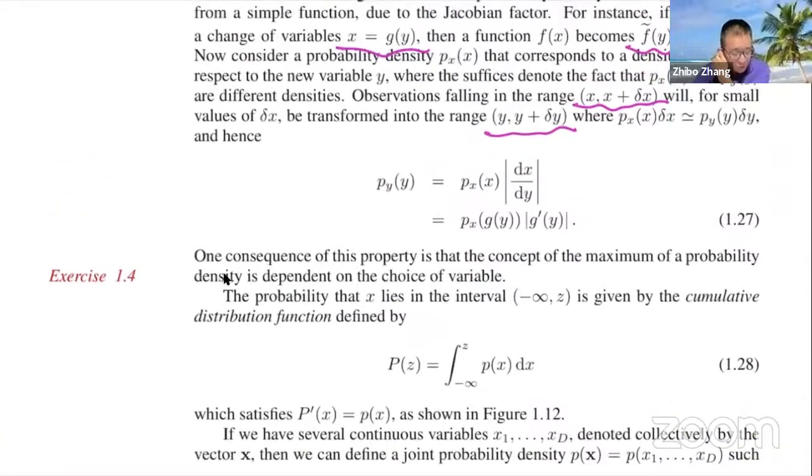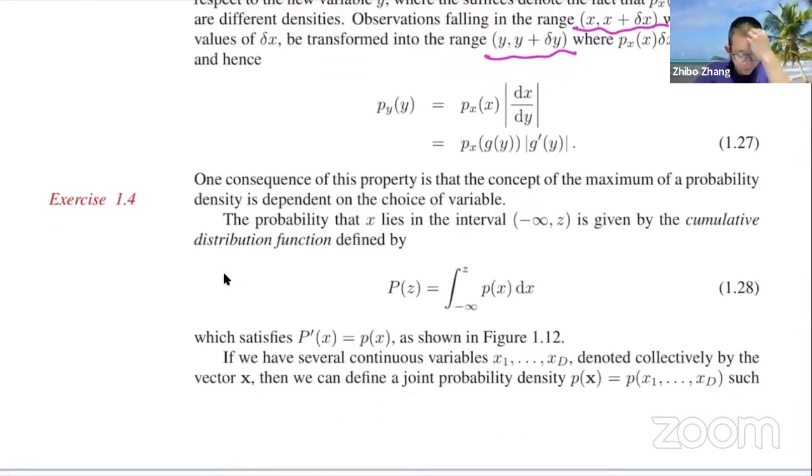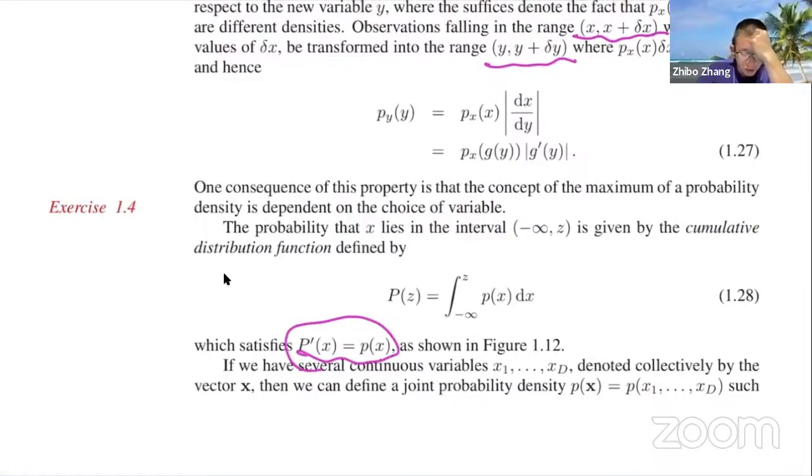One consequence of this property is that the concept of the maximum of a probability density is dependent on the choice of variable. And this integration satisfies this, as shown in figure 1.12.